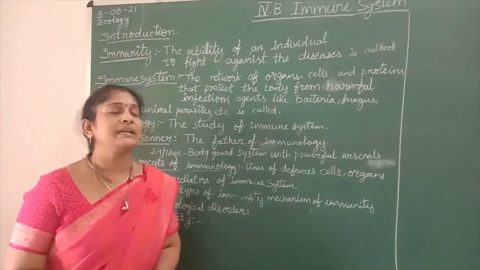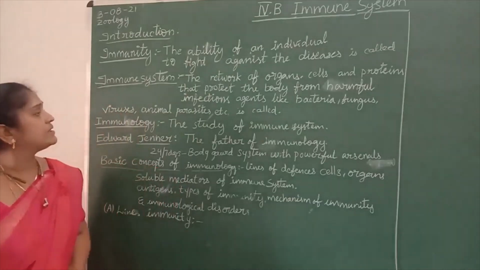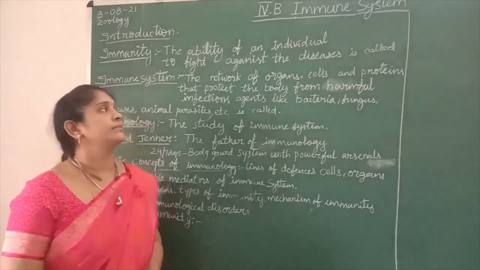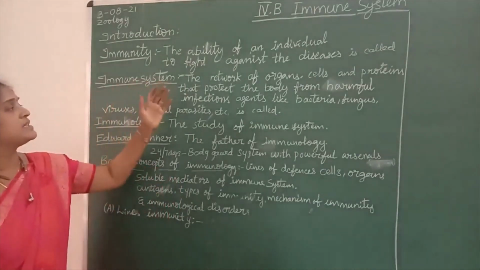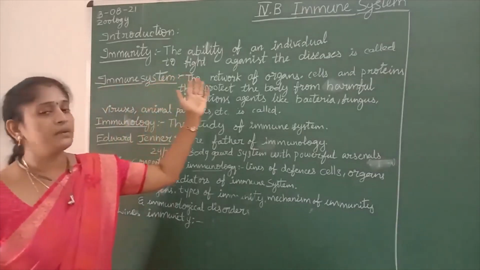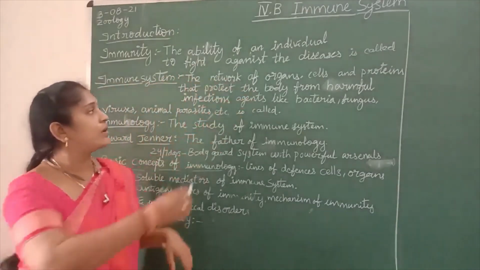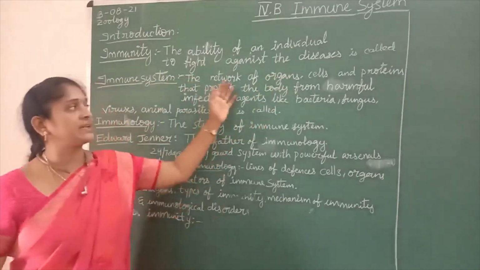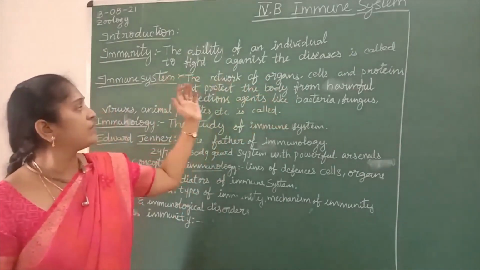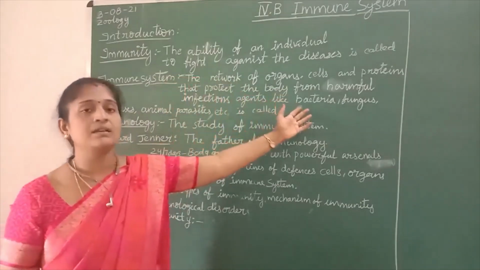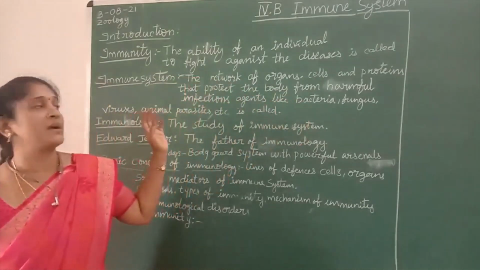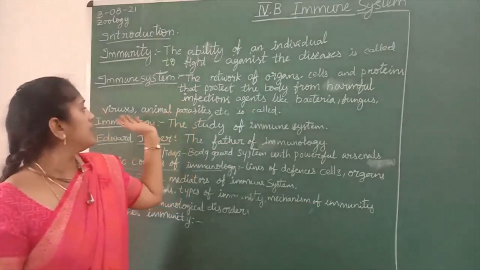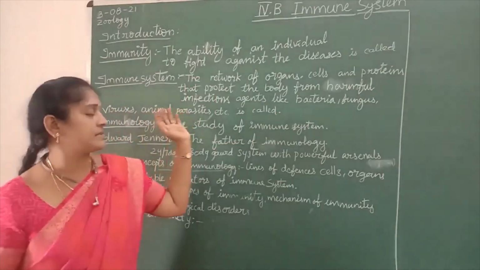So, this immunity deals with our immune system. What is the immune system? The immune system means the network of organs, cells and proteins that protect the body from harmful infectious agents like bacteria, fungus, microbes, parasites and viruses.